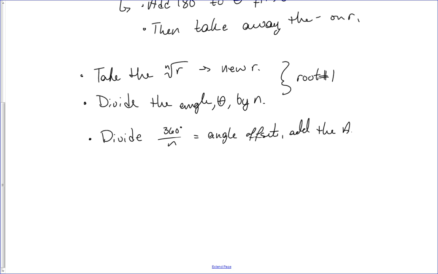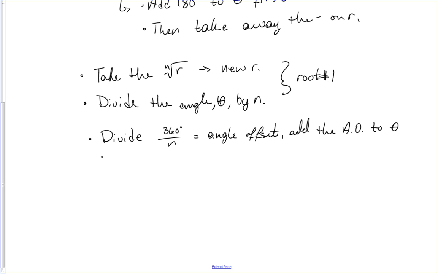I'm going to call it AO. You're going to add the angle offset to theta as many times as you need to get your total number of roots that you're looking for.